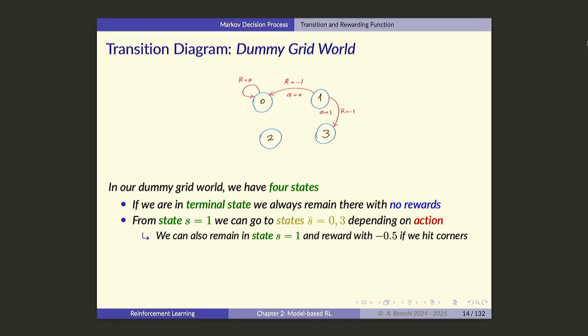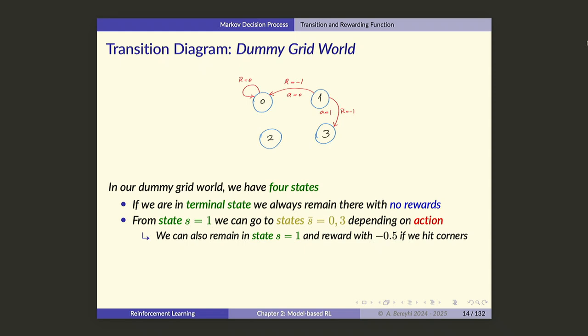When I am in 1, if I do any other action, I hit the wall, and then I get -1 and get back to my own cell, right? So I can show it with an inner loop. I have missed it here, and I don't know why I haven't shown it.